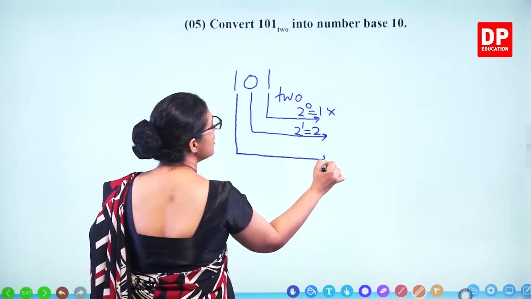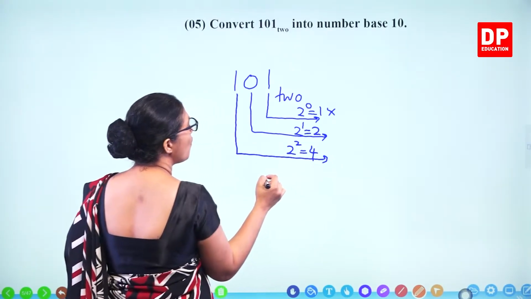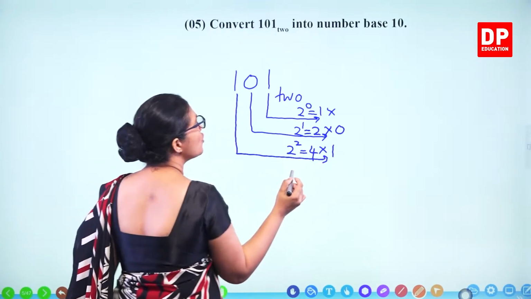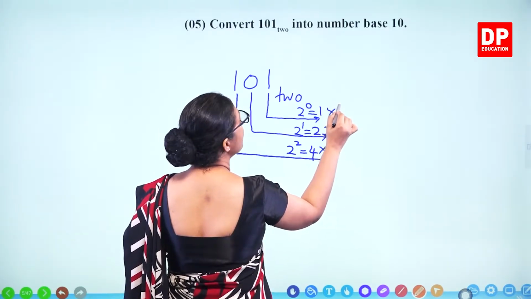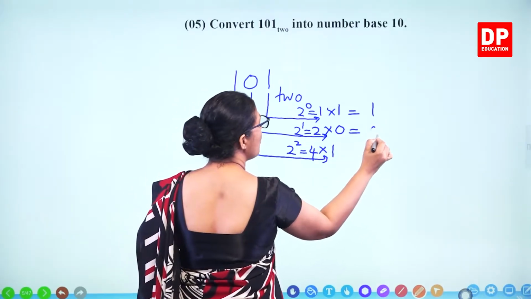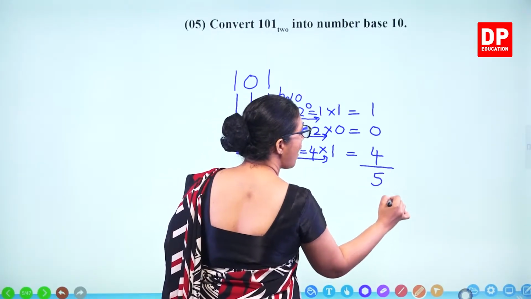This one is 2 to the power 2. That's 4 multiplied by 4. Now what you get? 1 times 1. That's 1. 2 times 0, 0. 4 times 1, 4. So when you add it, you get 5.